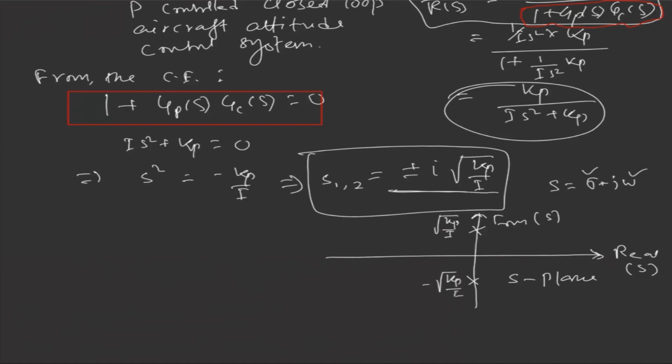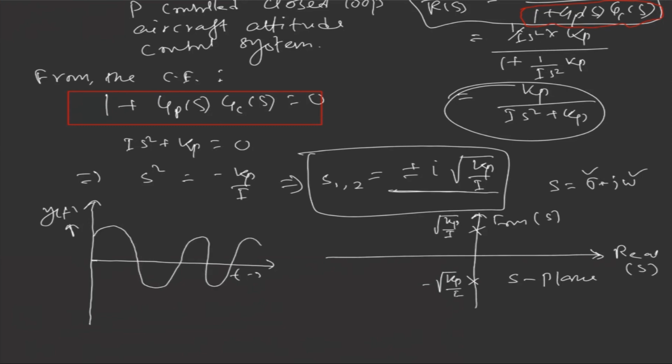So now, if you see the response of the system, in the time domain, y of t versus t, the response will be something like this.